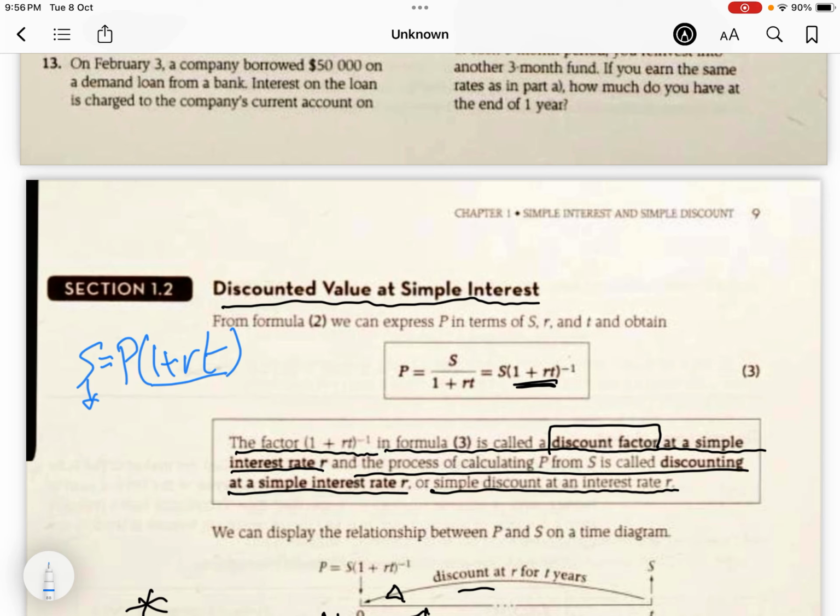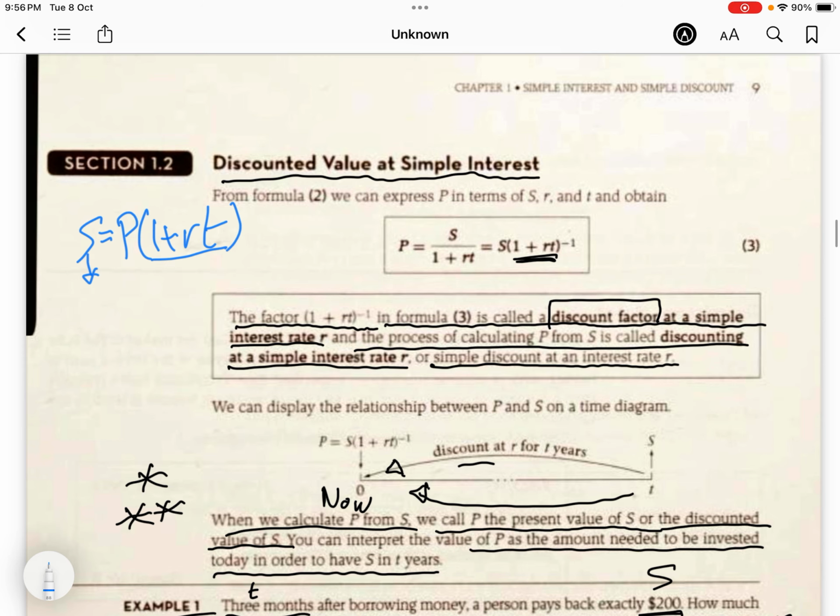The factor 1 plus RT to the power negative 1 in formula 3 is called the discount factor at a simple interest rate R, and the process of calculating B from S is called discounting at a simple interest rate R, or simple discount at an interest rate R.